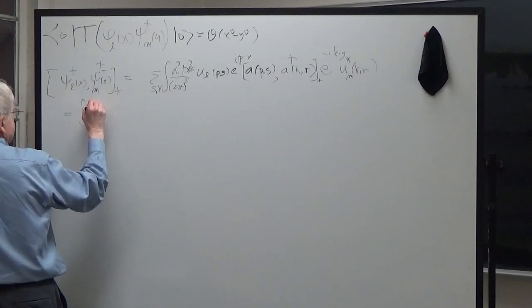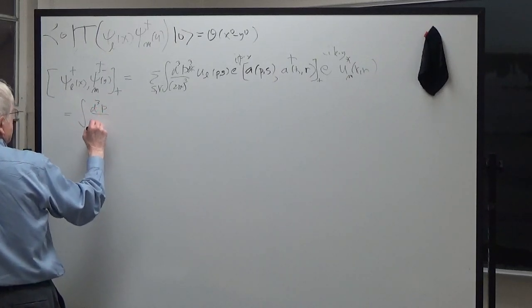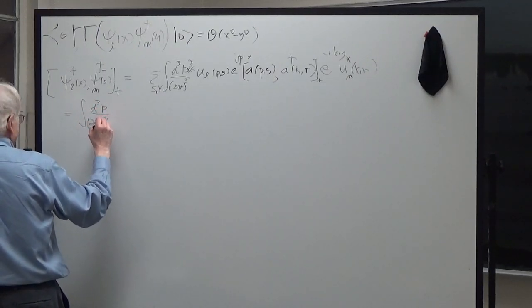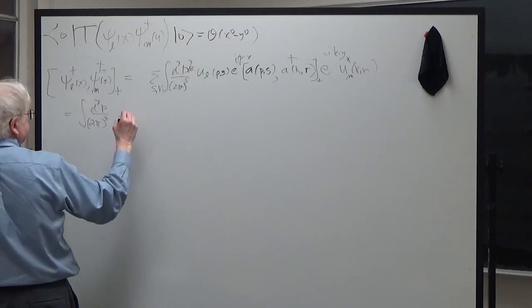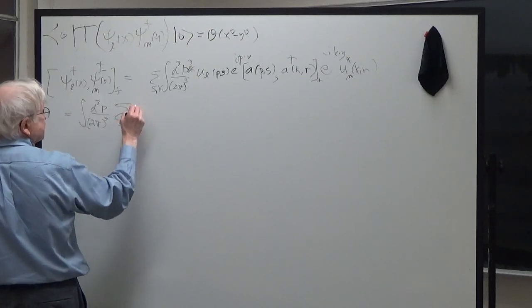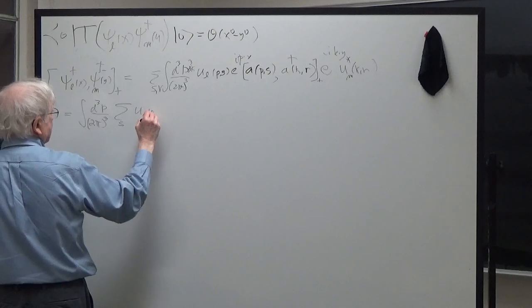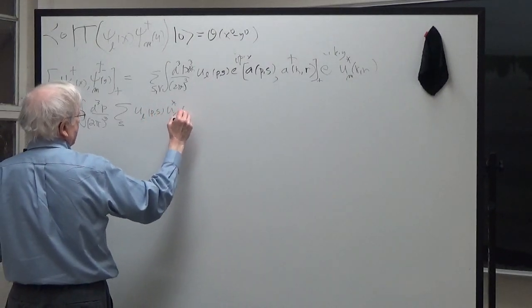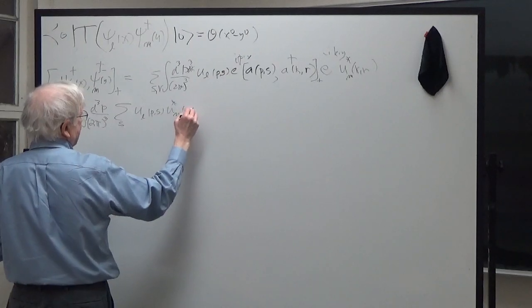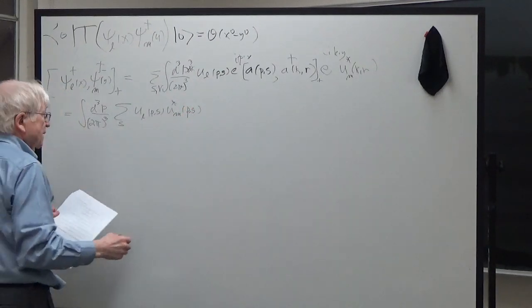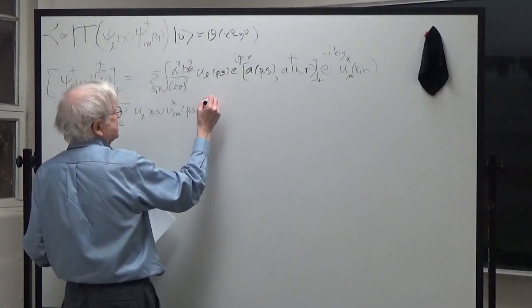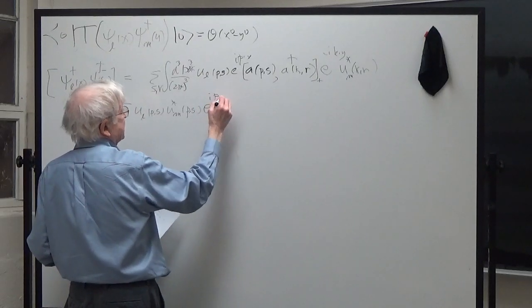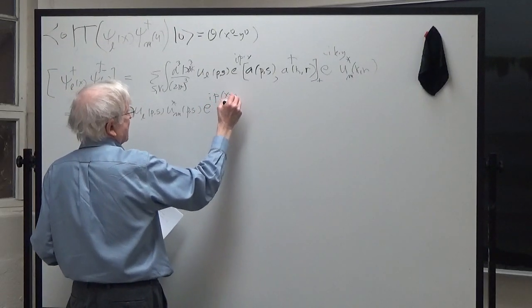It's an integral d cubed p over 2 pi cubed, sum on s, u L of p and s, u star M of p and s, and it's e to the i p x minus y.